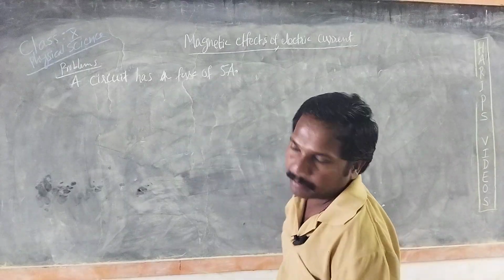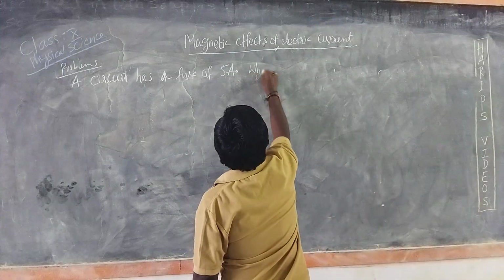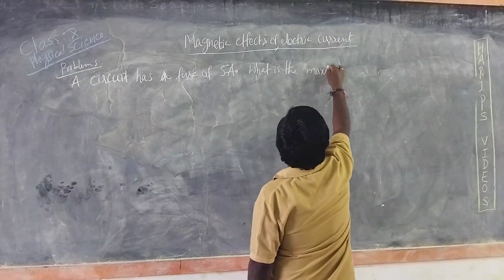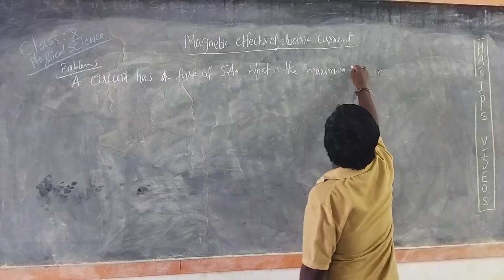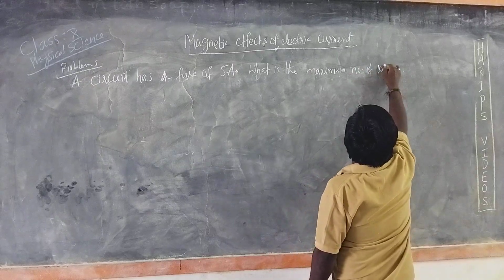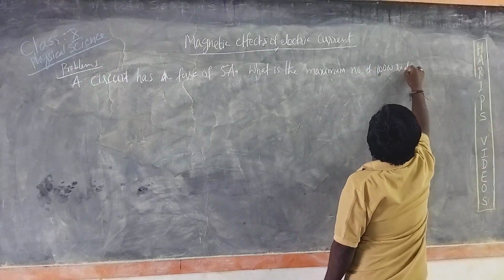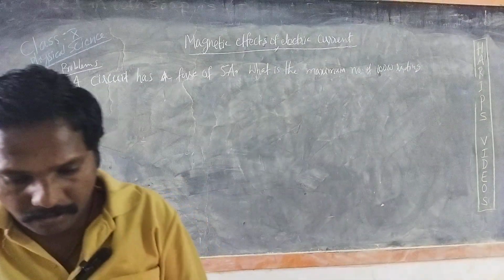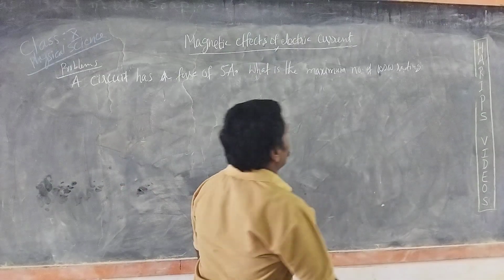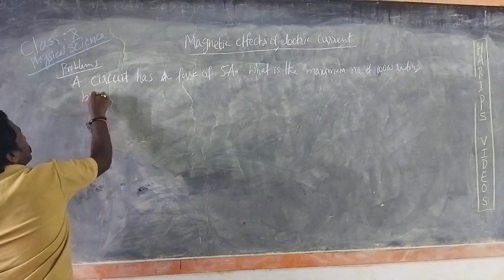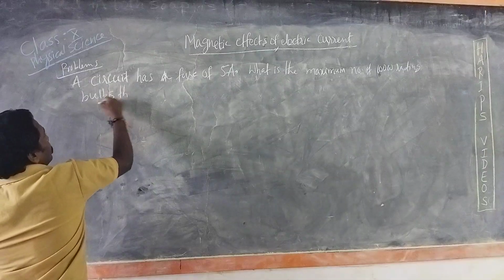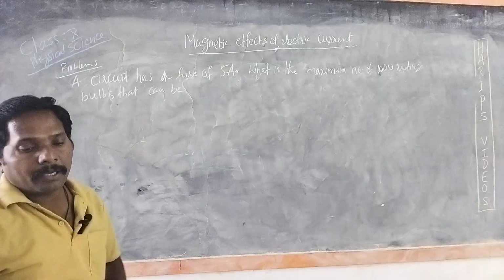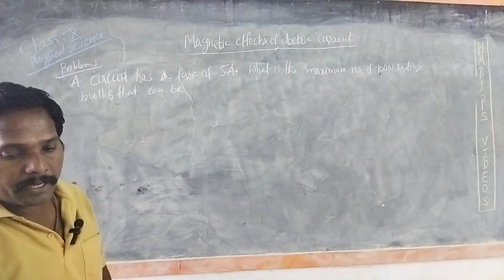What is the maximum number of 100 watt rating bulbs that can be safely used in the circuit?